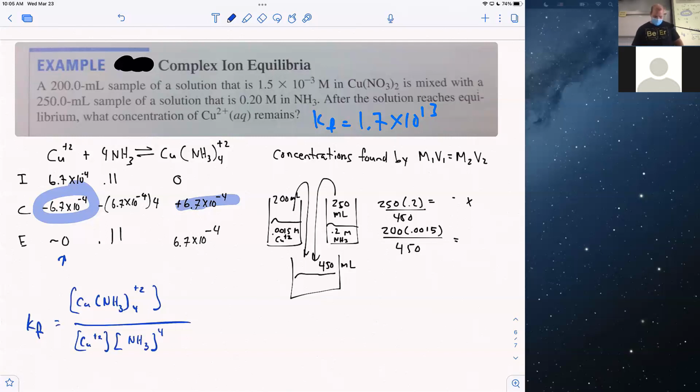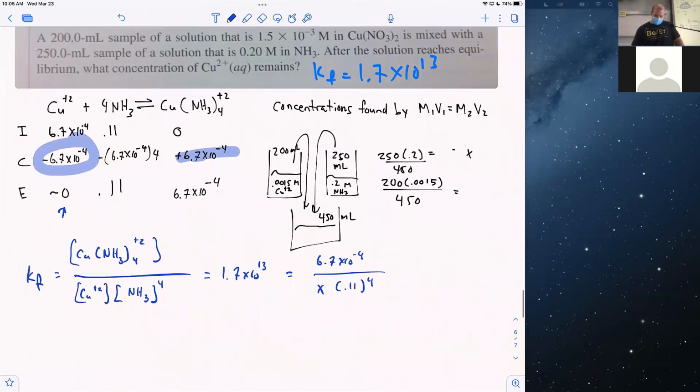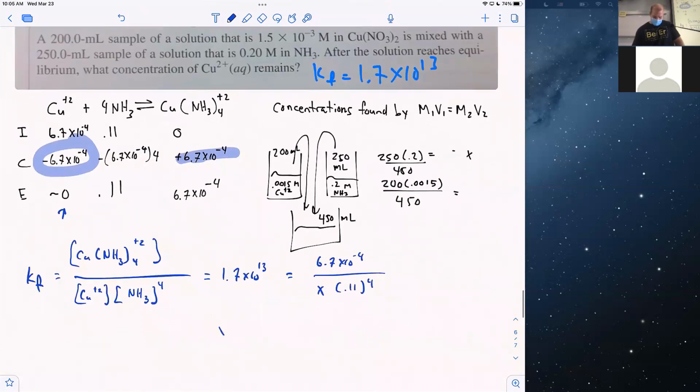We know this KF value, 1.7 times 10 to the 13, equals, and now we put in from our ICE chart, 6.7 times 10 to the minus 4, because the reaction shifts almost all the way to the right, over a really small amount, X, of copper left over, times ammonia 0.11 to the 4th power.